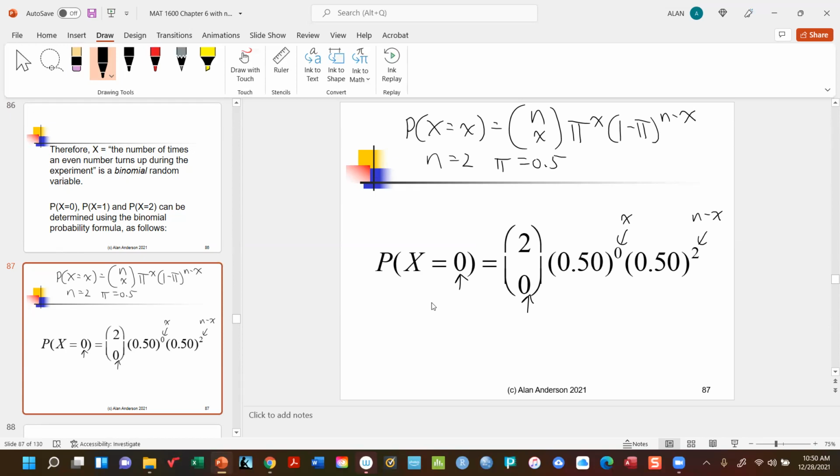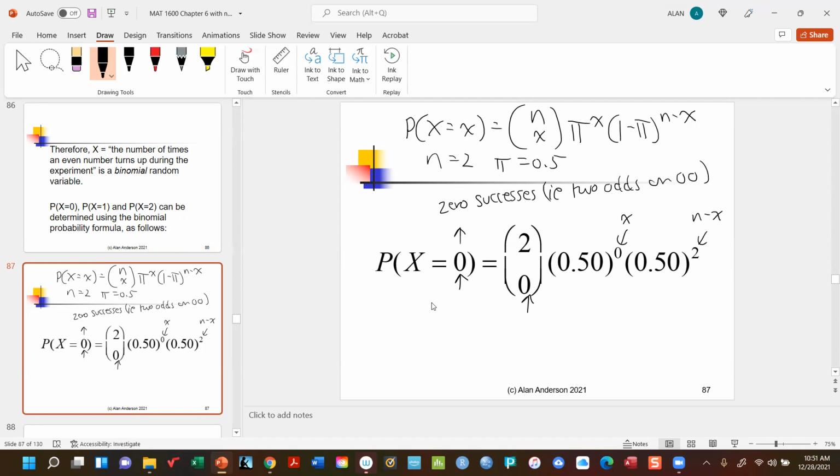So what I'm basically doing here is plugging in these numbers. N is 2, 0 is x. Now this x means I want to know the probability of getting no successes, which means 2 odds, or OO as we called it before. This is the probability of getting OO. And so we plug in these numbers.